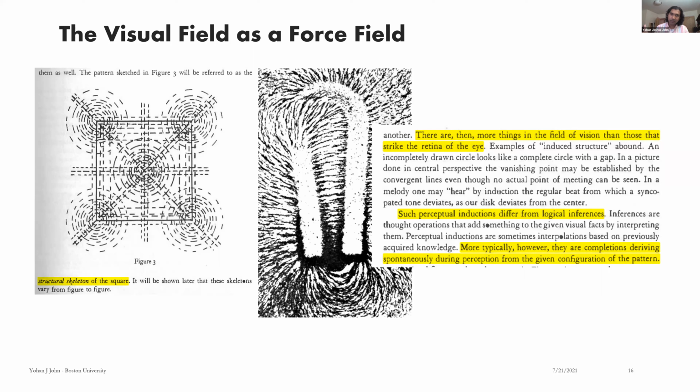Whereas induction, by virtue of being an active process of contributing something, is a better word for the kind of thing that I think is a useful way to think about positive, like excitatory effects. So I'm hoping people will start using it.